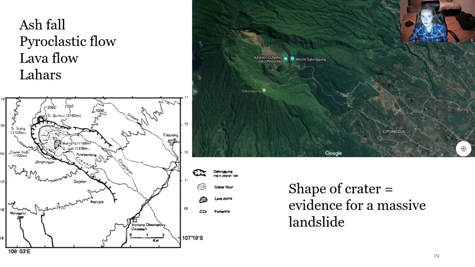Looking at the shape of the Gelonggong crater, over here, this is what happened in the 1982 eruption, but we're looking at the shape of this now. So the shape of this crater is evidence for a massive landslide. The landslide probably happened within the last 23,000 years, and we know that because of radiocarbon dating.